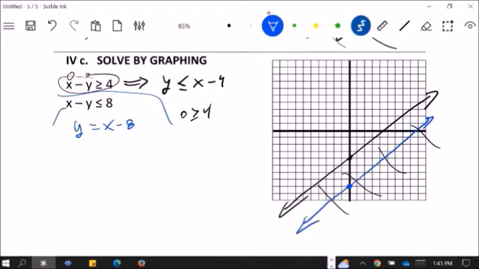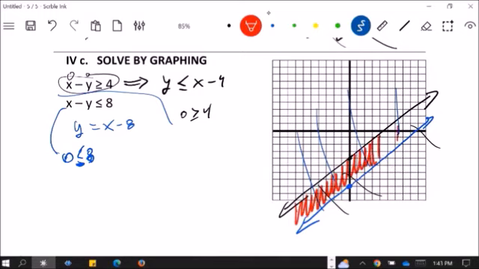And now let's check 0, 0 here. 0 minus 0 is 0 less than or equal to 8. That's actually true. 0 is less than 8. That means we're shading this way. So what we have here is where both areas are shaded at once. That means that any point in there will satisfy both of them at the same time. And that's how you show the answer like that.